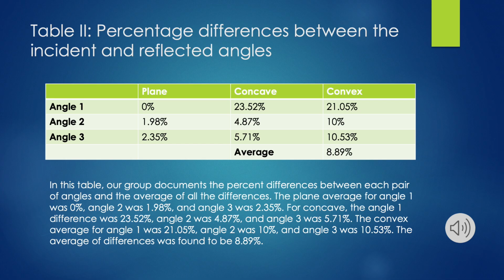For concave, the angle 1 difference was 23.52%, angle 2 was 4.87%, and angle 3 was 5.71%. The convex average for angle 1 was 21.05%, angle 2 was 10%, and angle 3 was 10.53%. The average of differences was found to be 8.89%.